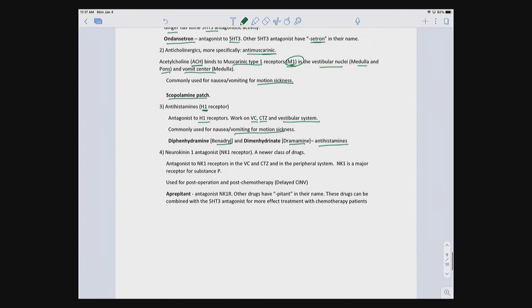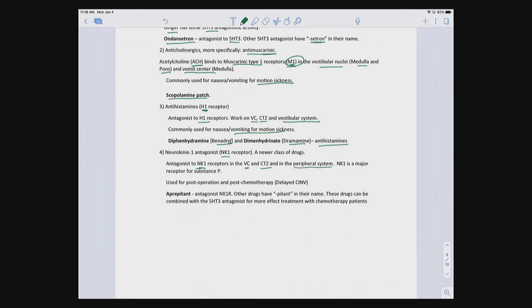Our fourth category is neurokinin-1 antagonist, and we'll call these NK1 receptors. These tend to be a newer class of drugs. These are antagonistic to the NK1 receptor, and you find those, of course, in the vomit center in the central trigger zone, and also you find them in the peripheral system as well.